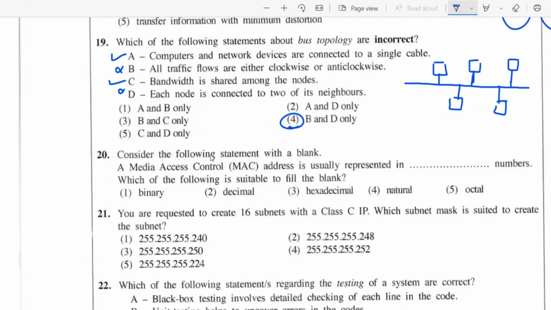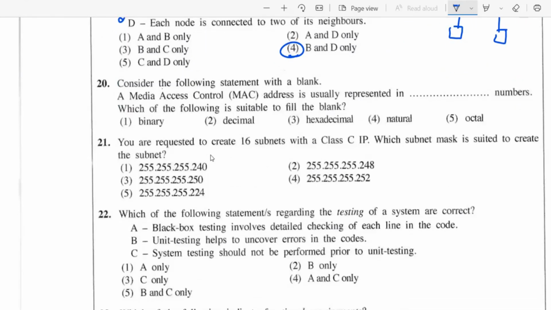Right, then question 20. Consider the following statement with a blank. A media access control MAC address is usually represented in blank numbers. Which of the following is suitable to fill the blank? MAC address, media access control, has another name: physical address.